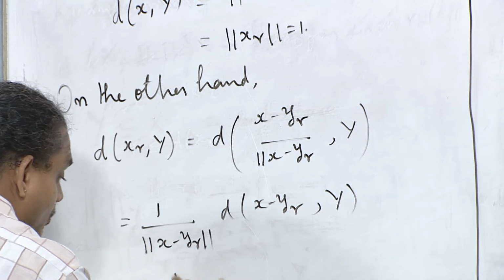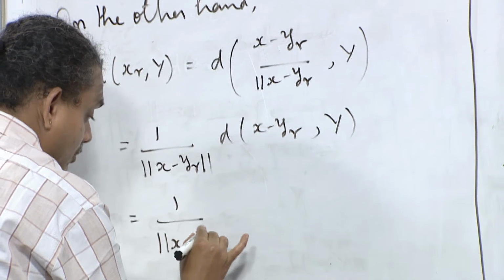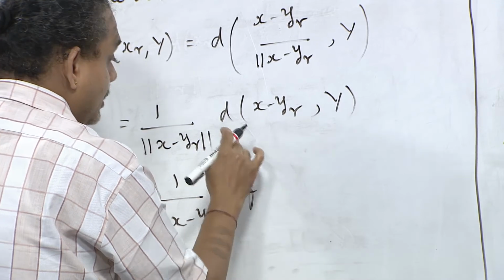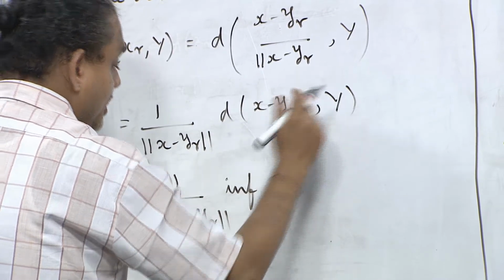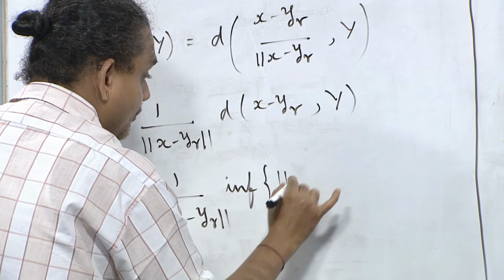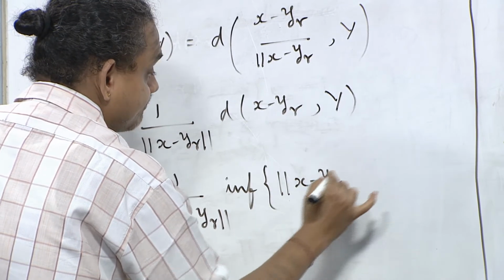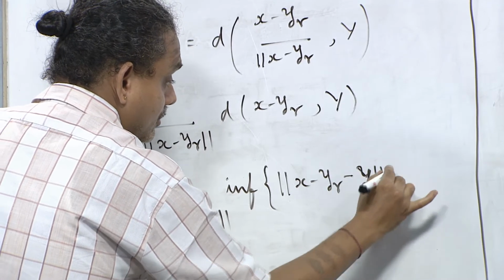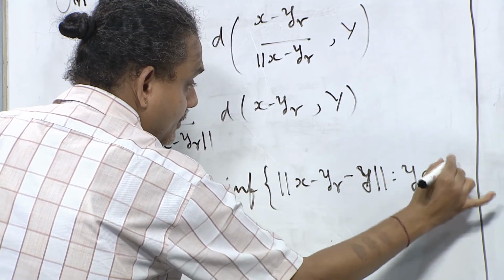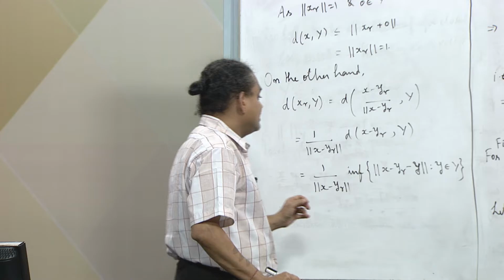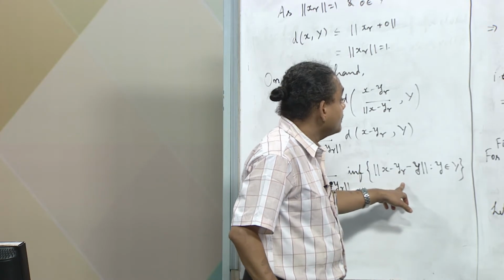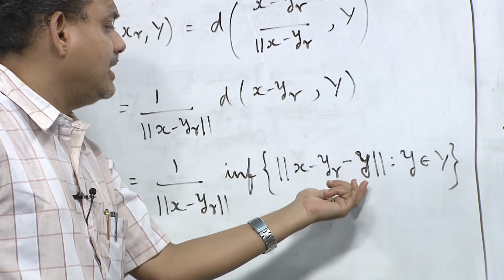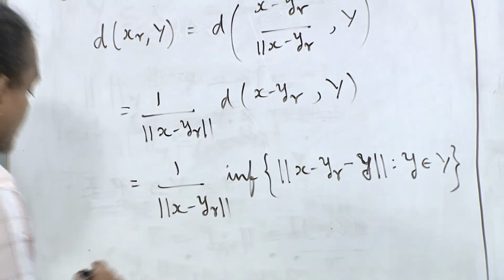Well, so this is going to be 1 upon norm of X minus YR. Let me write down what this quantity means: the distance between X minus YR and capital Y, which is the infimum of norm of X minus YR minus y, such that y belongs to capital Y. Now, if you notice here, this YR is an element that we have chosen from Y. Therefore, y minus YR is again an element of Y, so it does not matter.